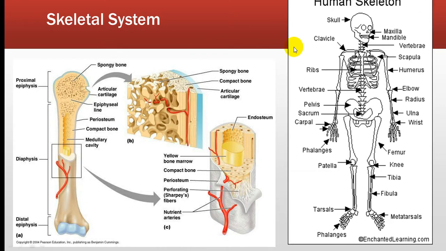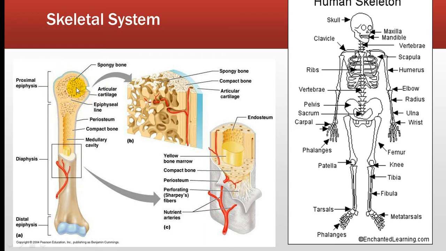We have the type called spongy bone, which has holes in it. It's not spongy because it's soft and squishy like a sponge. It's called spongy because it has holes in it like a sponge. And then we have compact right here. Very, very compact. It goes around the edges right here of long bones. But on the ends of long bones, we have spongy tissue.